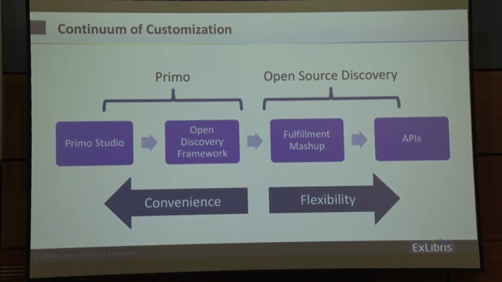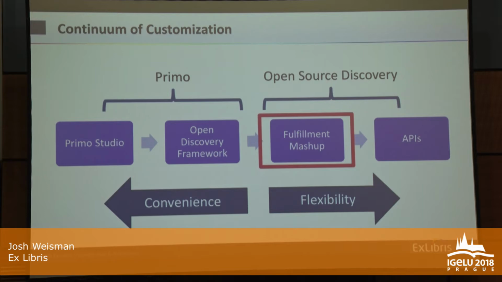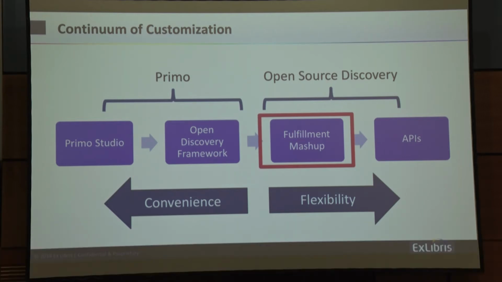So that's, again, starting with Primo Studio, which provides me the ability to customize with relatively little effort my Primo interface. Open Discovery Framework allows me to build custom add-ons and deploy them to Primo. I can build some kind of open source discovery tool or interface and then let Alma handle all the complex fulfillment logic.